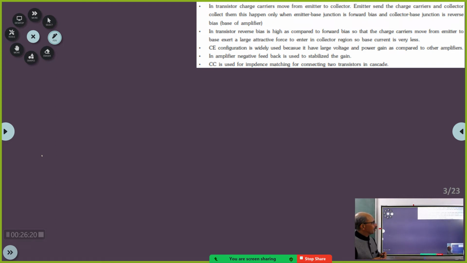In a transistor, the reverse bias is high compared to forward bias. You ask specifically, I will explain. All this I have written in brief. You have got many questions to be answered on these points. You understood the first point. I think I have explained this first point very clearly. This point also I think you have understood. Sir, very high means what is high?